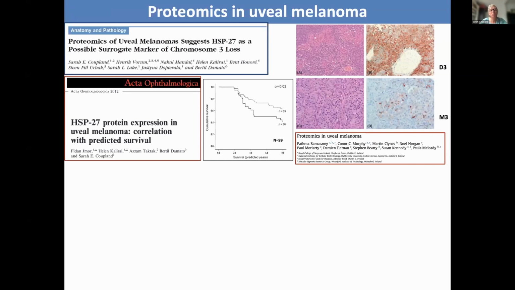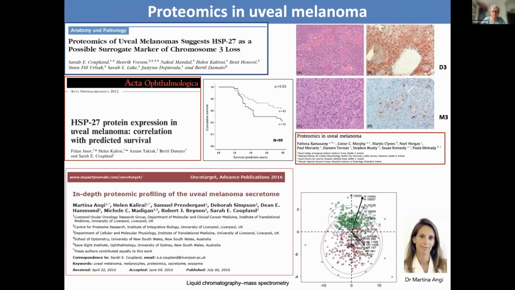However, this was all in 2012, and as research progresses, and as we all know, BAP1 became a prominent prognostic marker, and so we moved on from HSP27 and, as I mentioned previously in the question session, we do regular immunohistochemistry for BAP1 rather than for HSP27 any longer.